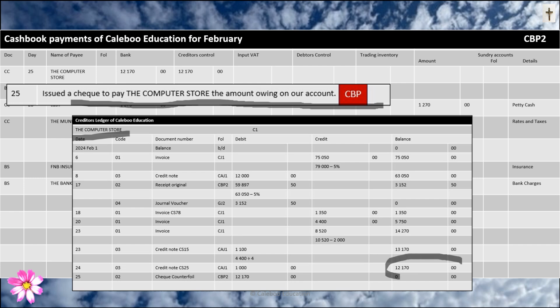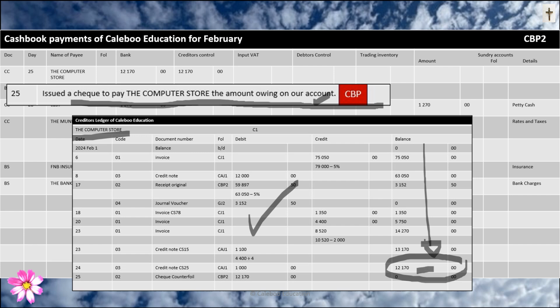On the 25th, the amount owing is 12,170. If they don't give you this account, which keeps a running balance of what we owe the computer store, we need to go and take all the transactions like we did earlier from the transactions given and calculate what is owed to the computer store, because they don't give you the amount in the transaction. You will have to calculate it.